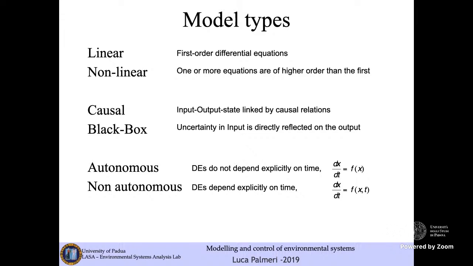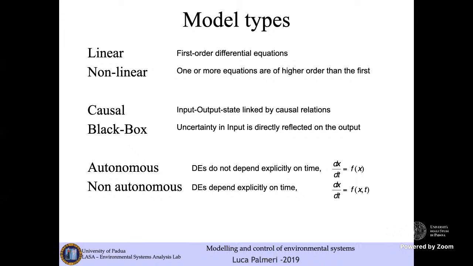Then, from an epistemological point of view, it is also important to distinguish between causal and black box models. Causal models are models in which there is an input-output state relationship, so that we may say that the input and the output state are linked by causal relationships.